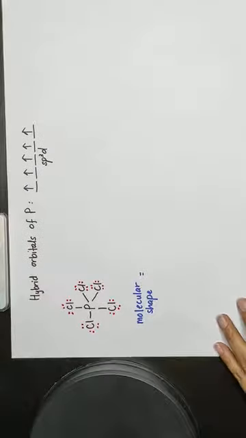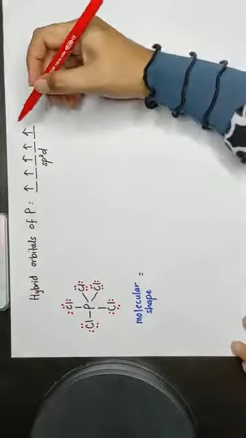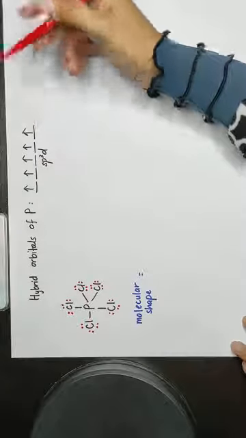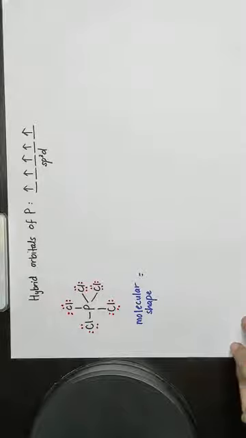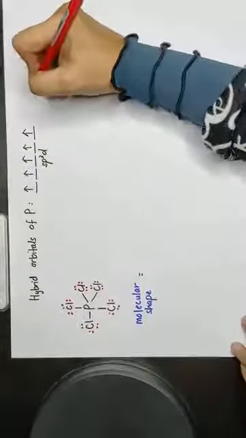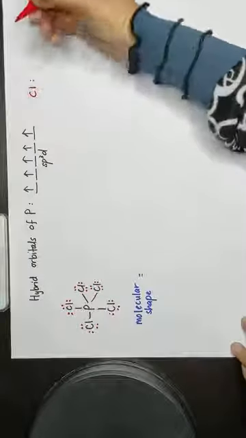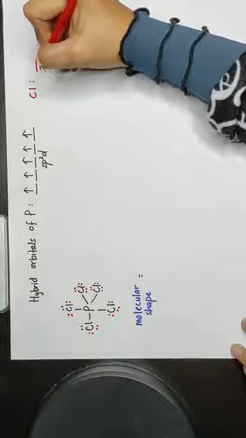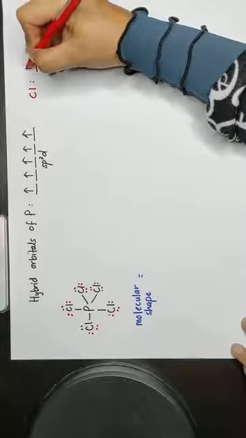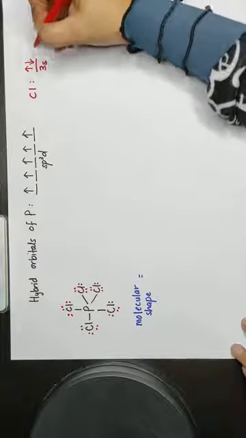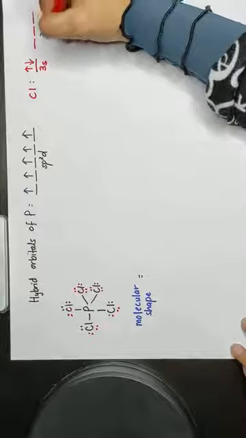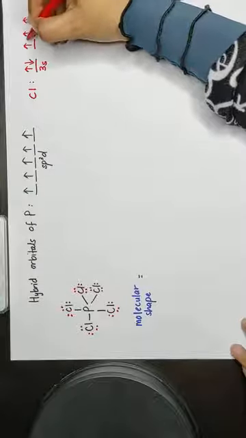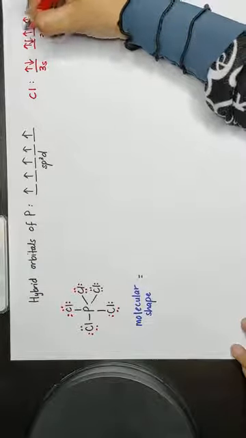This is the hybrid orbitals of phosphorus formed after the hybridization process. To make it easy, I write the valence orbital diagram of chlorine here: 3s, 1 2 3, 3p, 1 2 3 4 5.